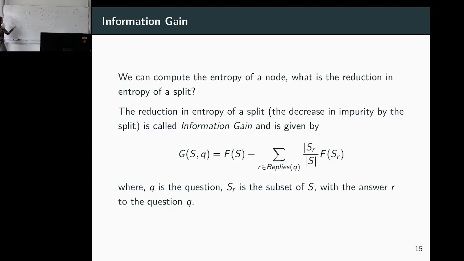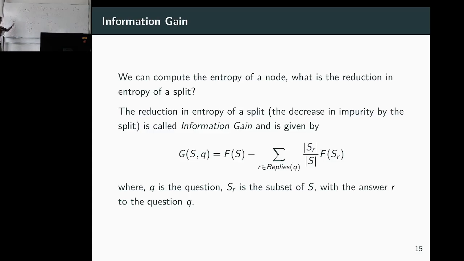How do we compute this probability? We just say, okay, the amount of answers which will go to the left divided by the whole amount. So this is left. And here, the amount of answers which will go to the right divided by the whole amount of answers. So this is the probability that we end up in this split, and this is the probability that we end up in the other split.